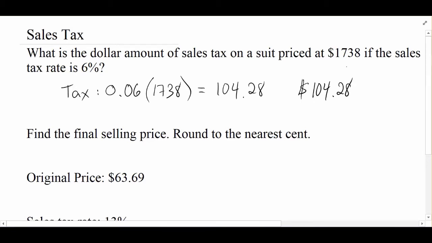Now, if I want to find the final selling price then of how much do you actually owe for this, then we're going to take the 1738 and we're going to add the 104.28 to that. And again, you can just grab your calculator to make this a little bit easier. And that final price is going to be $1,842.28.